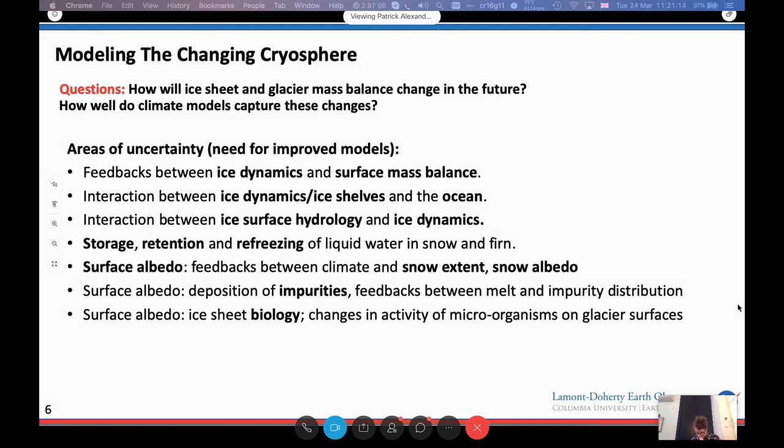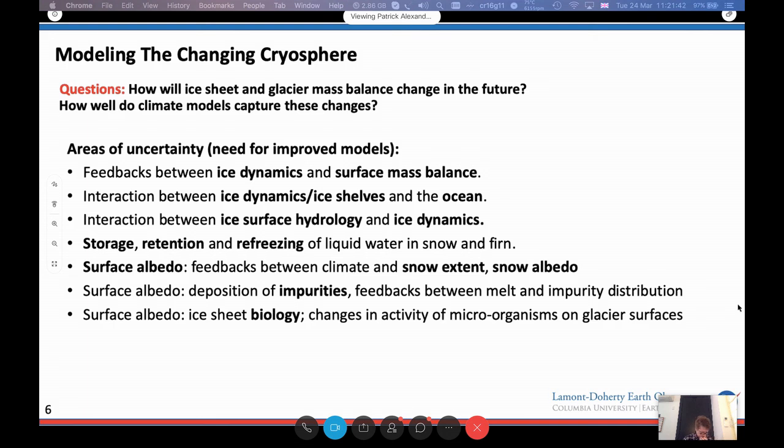And then there's surface albedo, so there's feedback between climate changes and snow albedo. Albedo is particularly important because ice is very bright and reflects a lot of solar energy, and making it a little bit darker can cause a lot more absorption and a feedback effect.